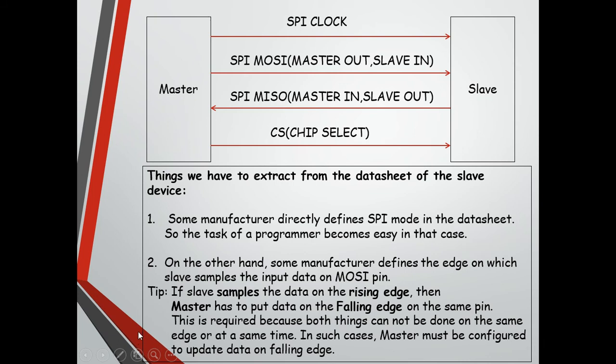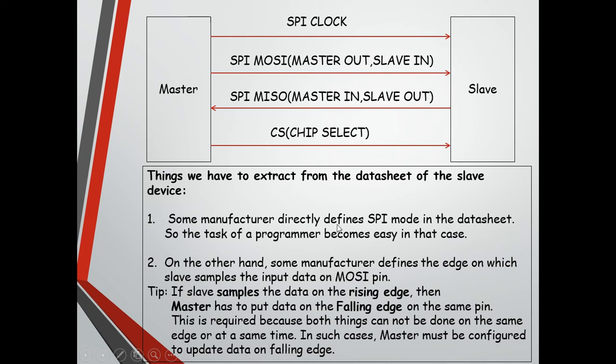Most devices come with a datasheet defining that the slave device will sample the data on the rising edge or on the falling edge. So the datasheet defines the edge on which the slave device will sample the data on this MOSI pin.